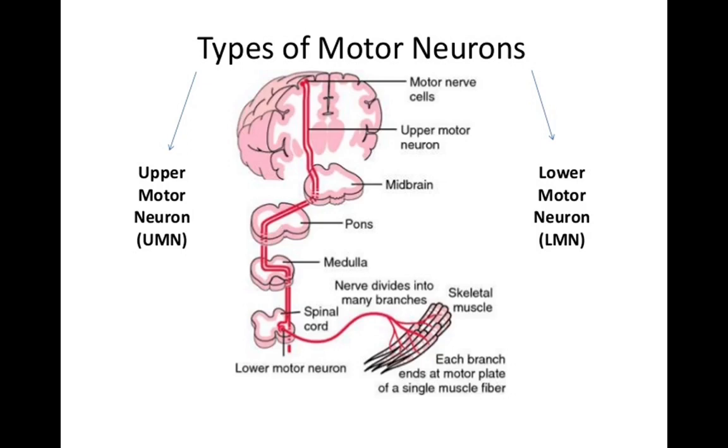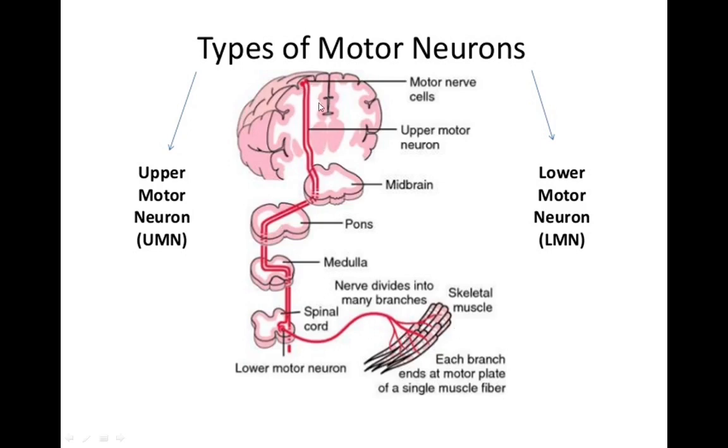All right. Okay. So we will be starting with the tracks first. This is actually the final component of the motor system, but we are going to start with the tracks, consisting of the upper motor neuron and the lower motor neuron. That's called the descending tracks. Why? Because they originate in the primary motor cortex and terminate in the muscle. Okay, clear?